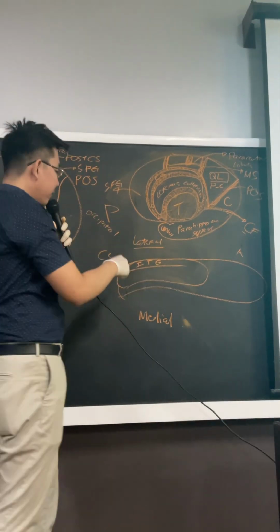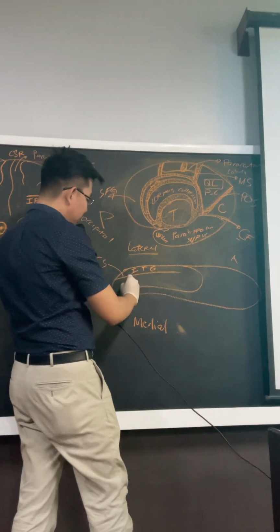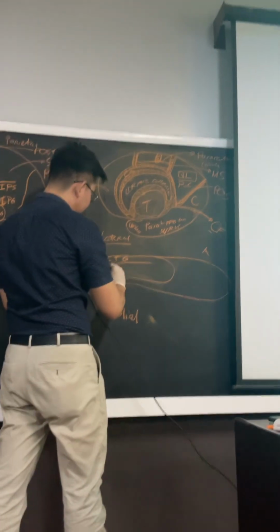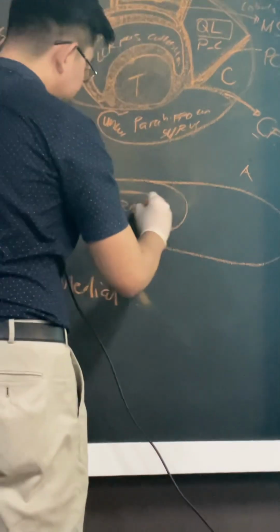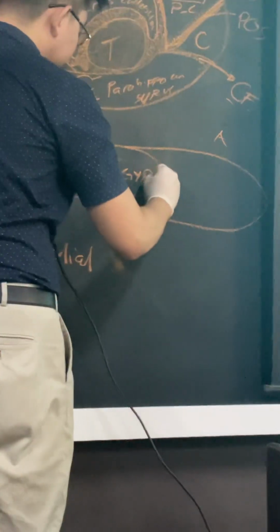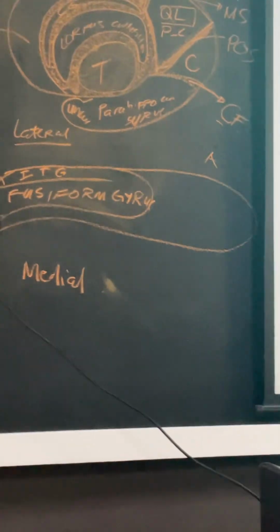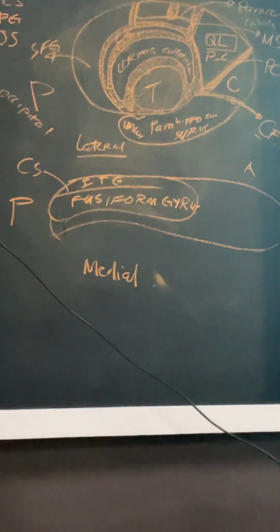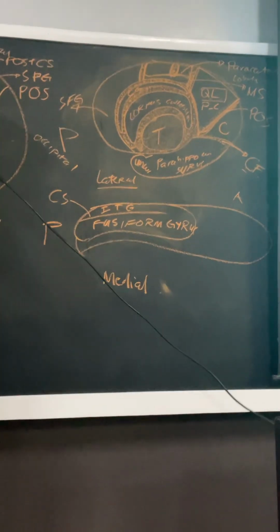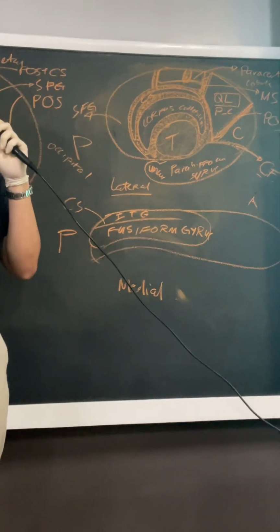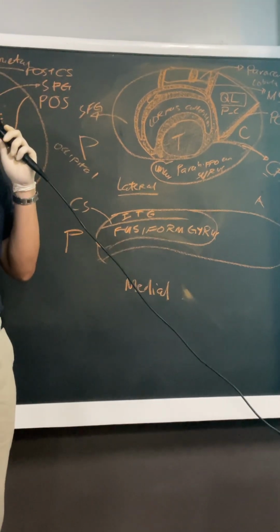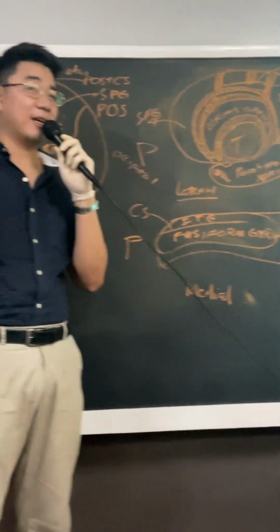Now, after the collateral sulcus, you have a gyrus here, and this is known as the fusiform gyrus. If you've seen the pre-recorded lecture, what I said there was actually the parieto-occipital gyrus.